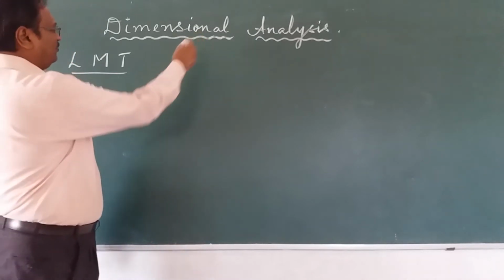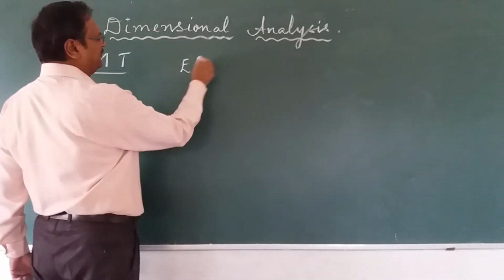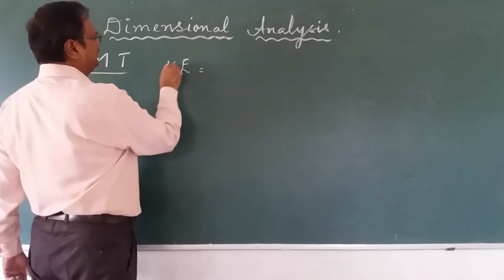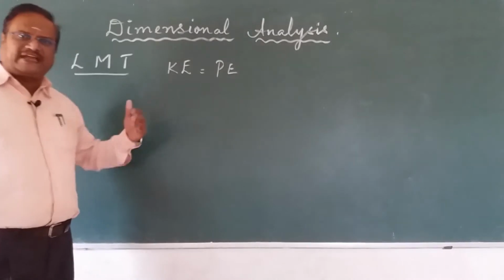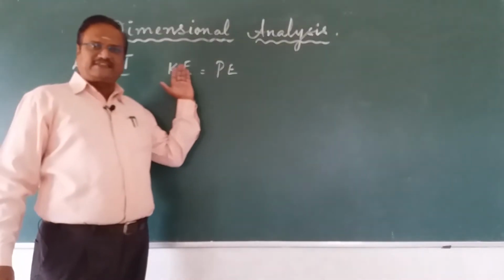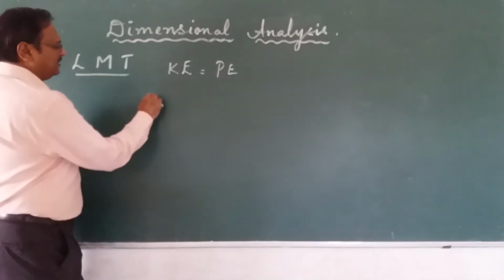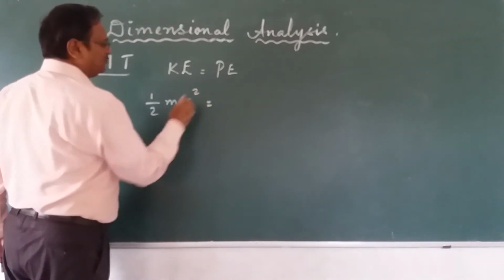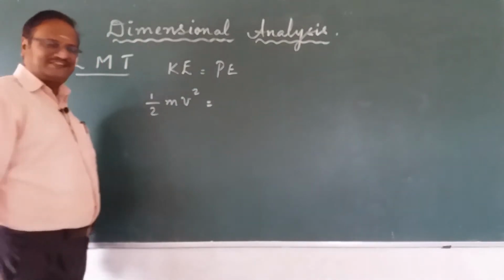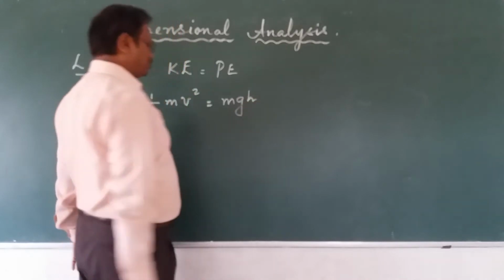Now, you know that energy has two forms: kinetic energy and potential energy. There are so many other forms. Mechanical energy is kinetic energy plus potential energy. What is the formula for kinetic energy? Half m v square, which is equal to the potential energy near the surface of the earth, mgh.